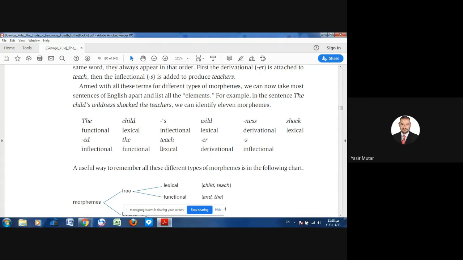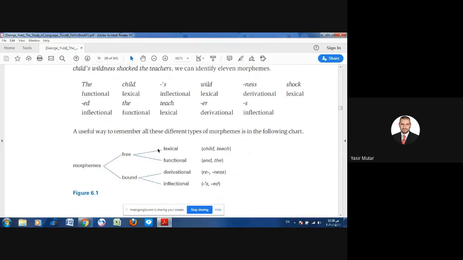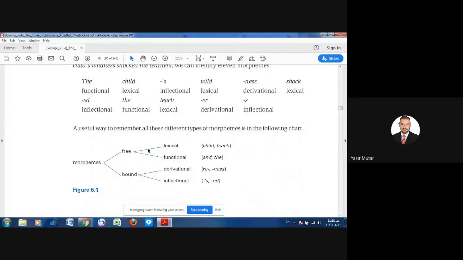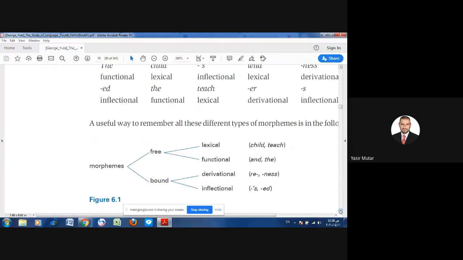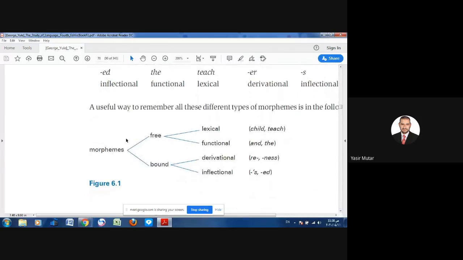And we have this figure. I'll just magnify. So this is how to classify morphemes.